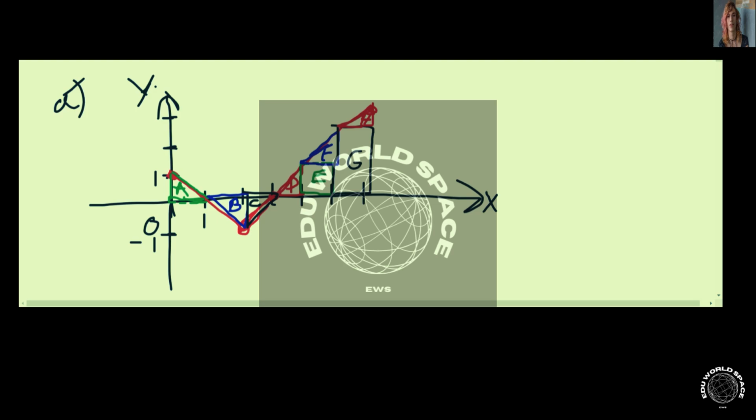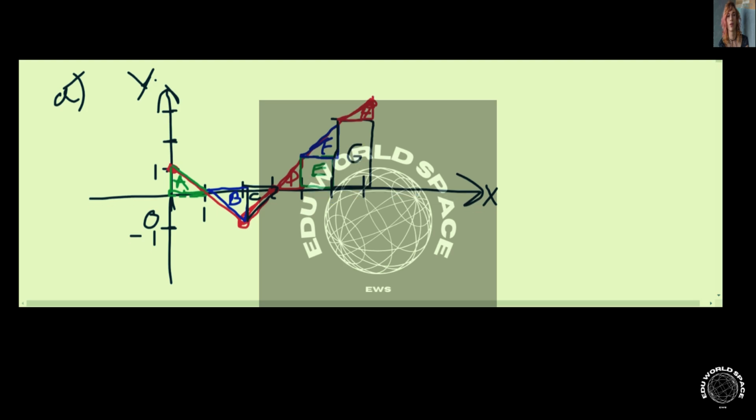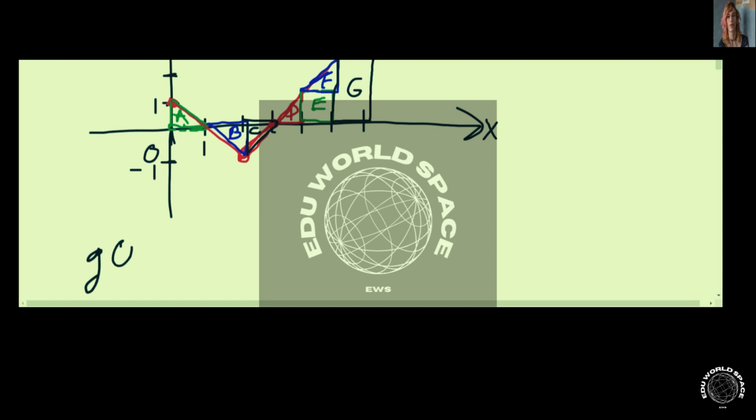Therefore, for example, we have that g of 0, well, this is, by definition, the integral from 0 to itself, 0, of f of t dt, which is just 0, because the limits of the integral are the same.